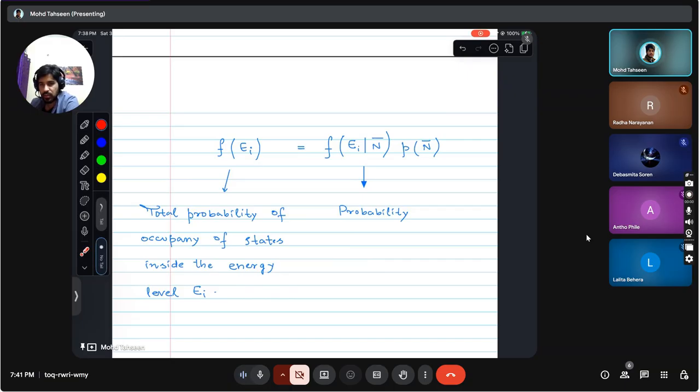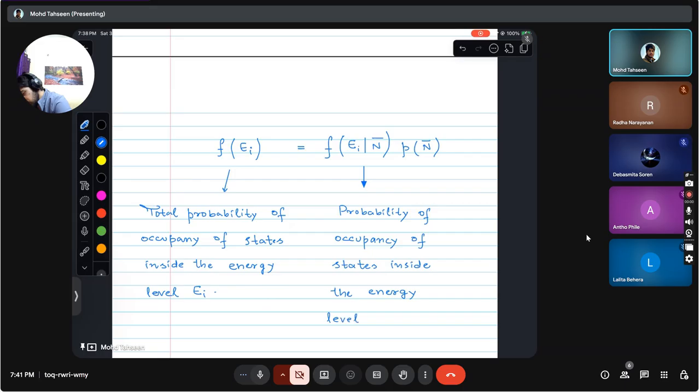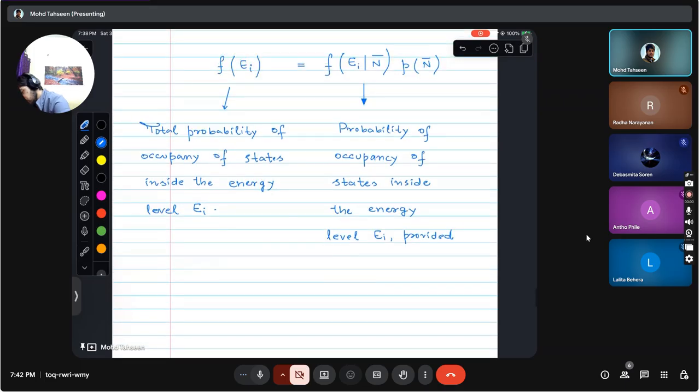That's why on the right hand side we write it in this form, and this expression f of EI given n bar is the probability of occupancy of states inside the energy level EI, provided that the distribution is n bar.